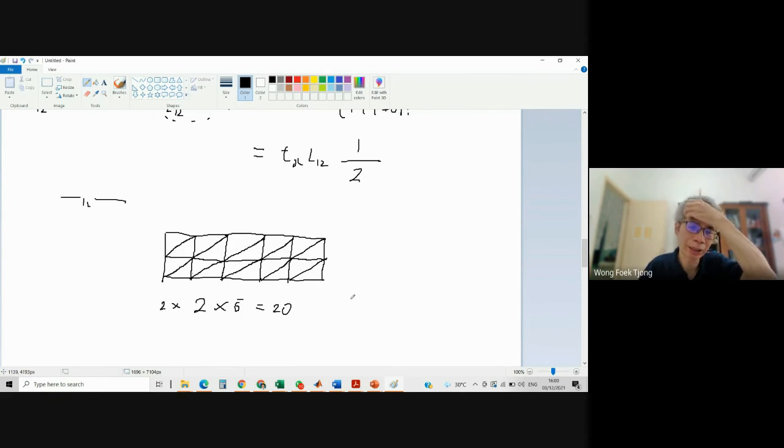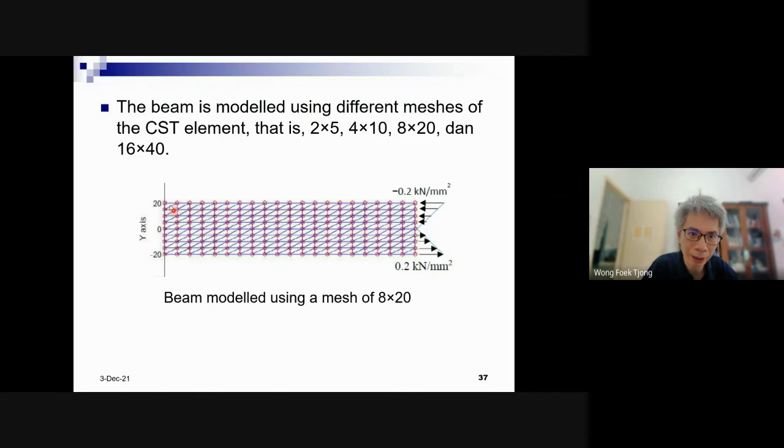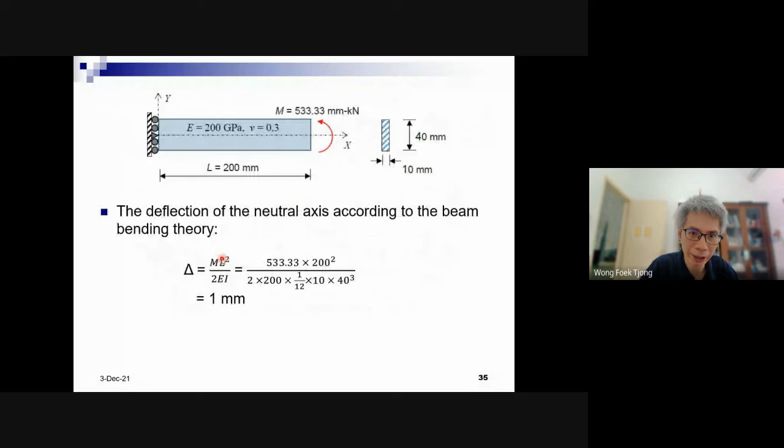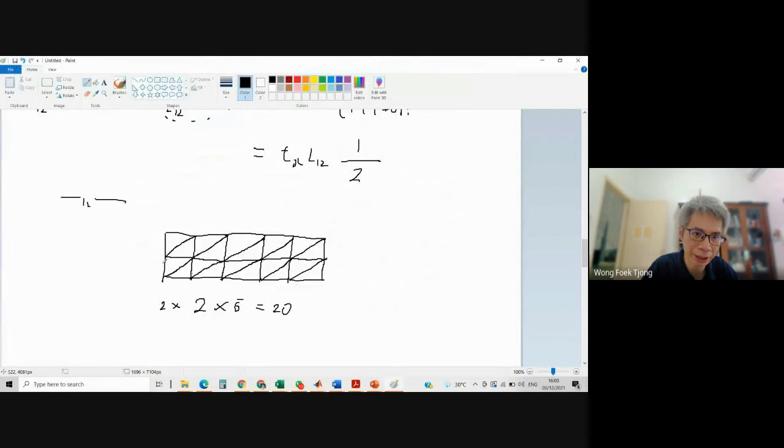And then maybe you wonder how to specify the displacement boundary conditions here, okay? The boundary conditions in the original model are like this, so it's, I think, easy. Here hinge, here roller.